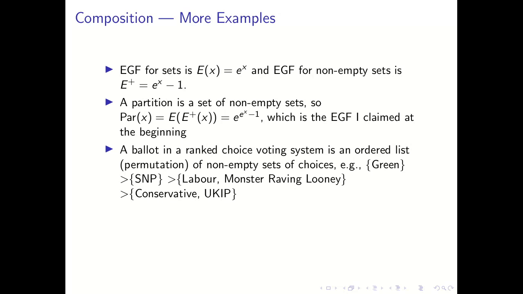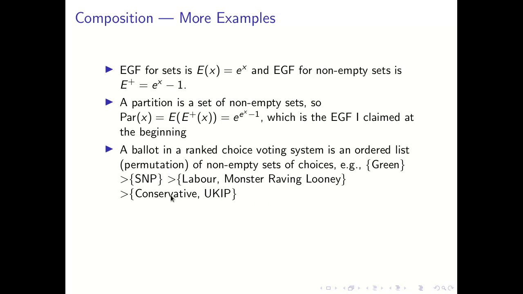So here is one such ballot, from which you can infer that I am one of those academic leftist types, where we would say that the set containing only the Green Party is the best choice, and then maybe the set containing only the SNP is the best choice, and maybe I don't care whether or not the Labour Party or the monster raving loony party get in if it reached that far, and similarly maybe I don't care if it's Conservative or UKIP.